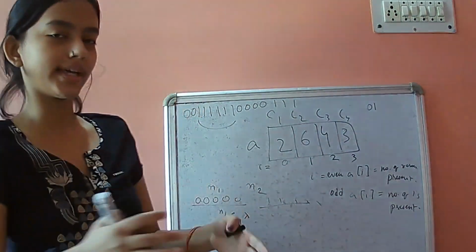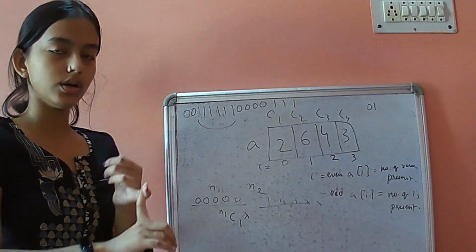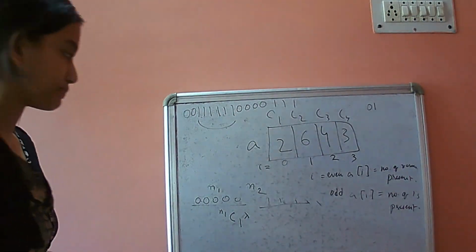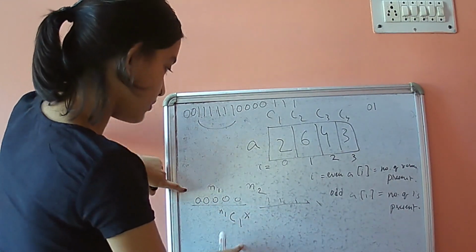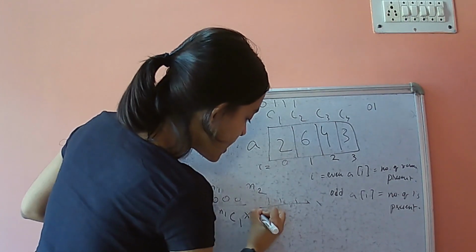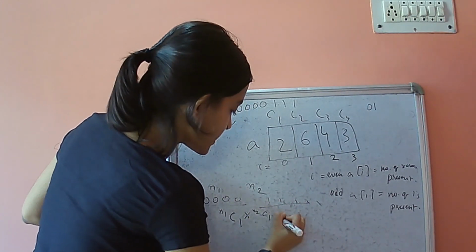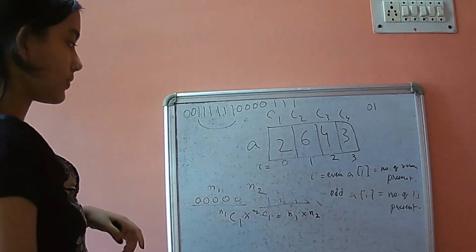And means multiplication. Every time there is an and, it will be a multiplication, and if there is an or, that would be a summation. So, I pick one 0 from here, which is N1 C1, and one 1 from here, any one 1, that is N2 C1, which is basically N1 into N2.